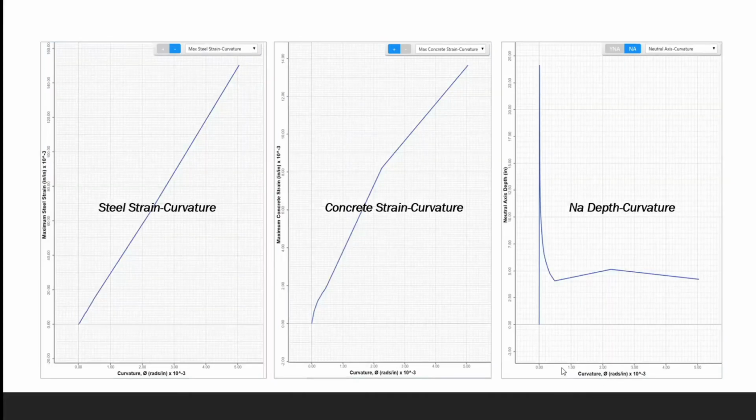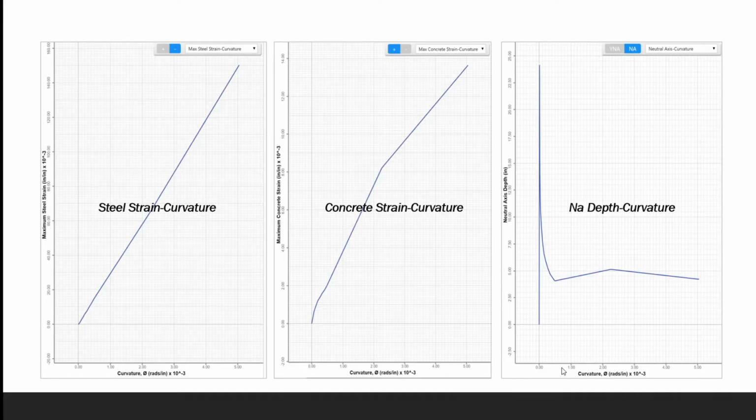Similarly, we can continue to determine the steel strain versus curvature relationship. We can determine the concrete strain versus curvature relationship, and interestingly, we can also find the neutral axis depth versus curvature relationship. So we can see how the neutral axis depth changes as the beam deforms.